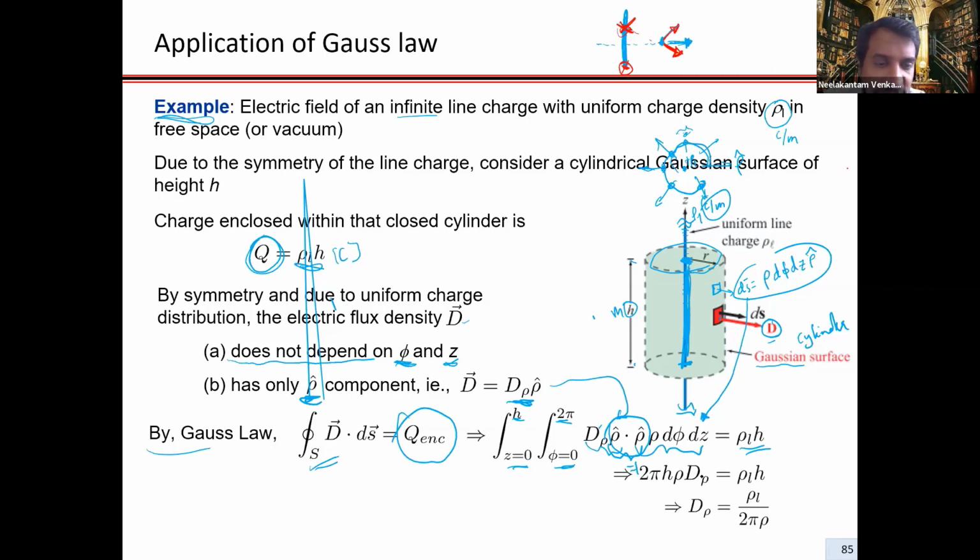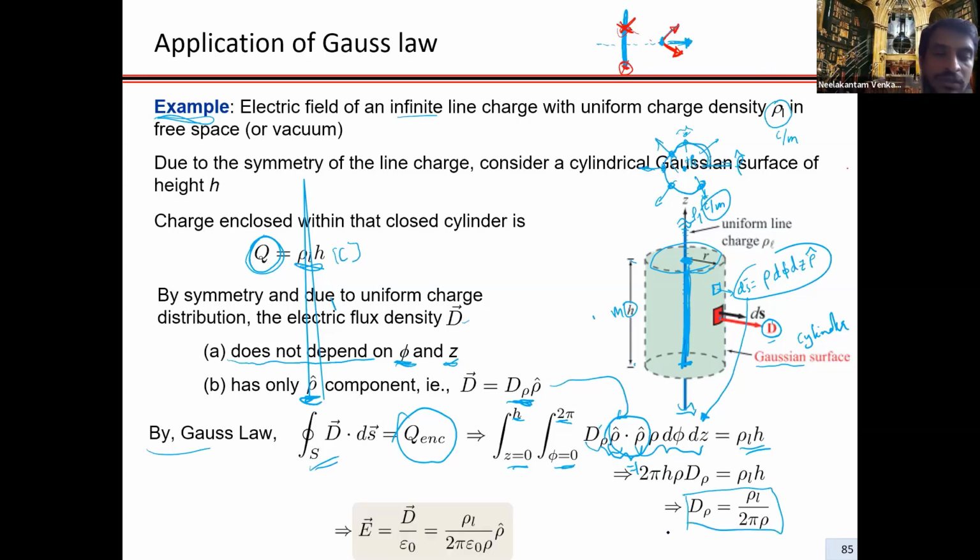So you can go ahead and find D rho to be rho L over 2 pi rho. Then you find your electric field to be D over epsilon naught, because D is epsilon naught E, since in this case it's free space or vacuum. Then you can find the electric field expression.